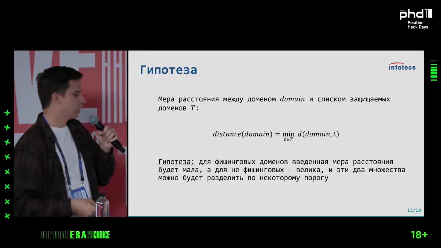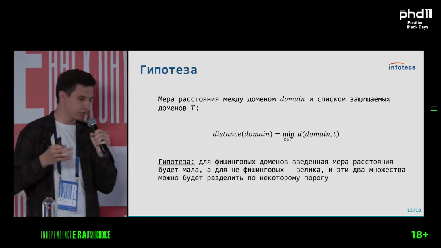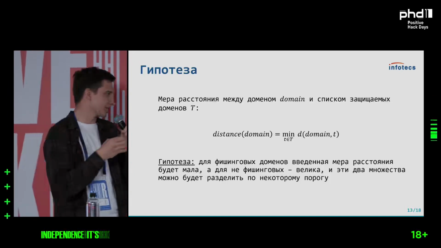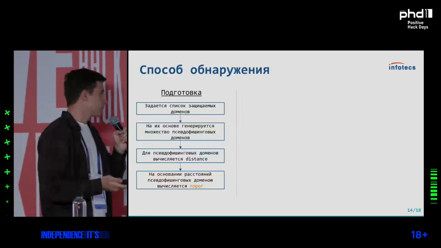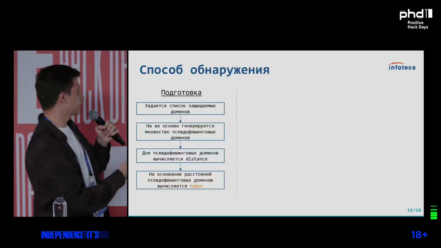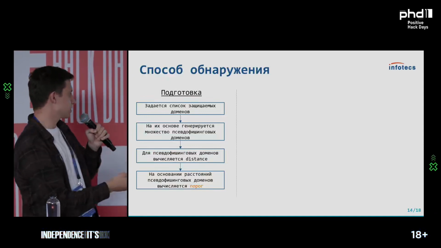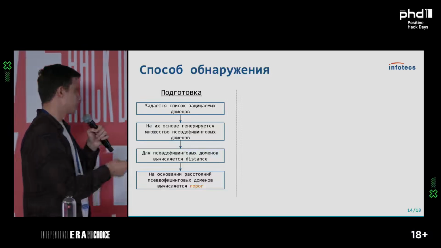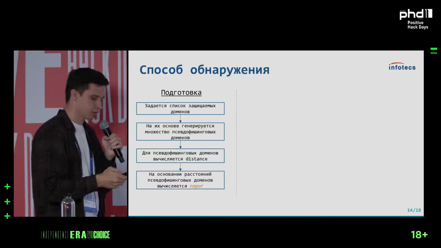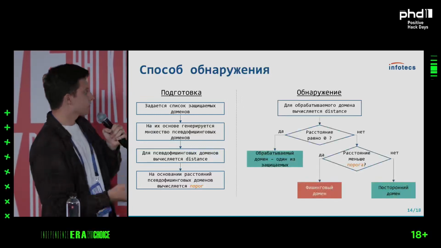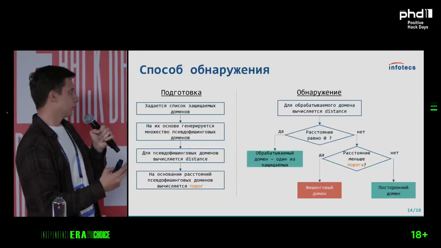We had a hypothesis that for phishing domains, this measure will be small, and for non-phishing, it will be high. And this is how they can be delimited. So we need to prepare the steps: create the list of the protected domains, generate permutations, calculate the distance, and based on that array find the values and the thresholds.